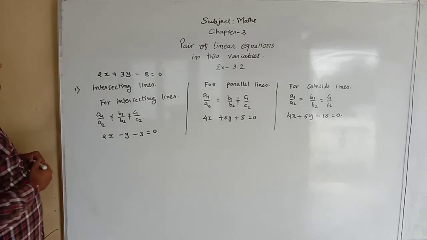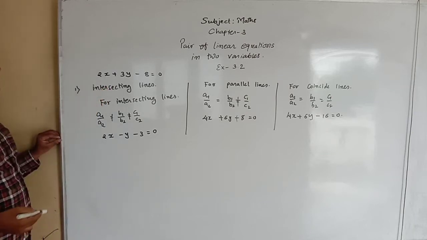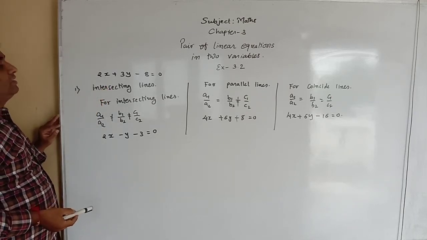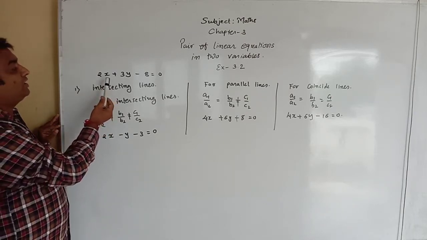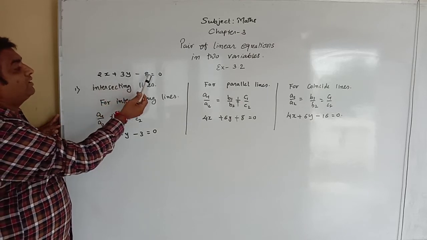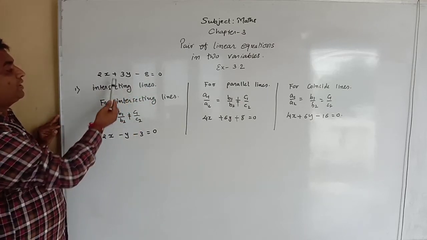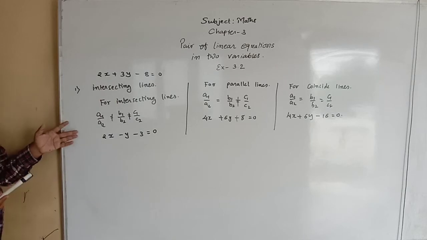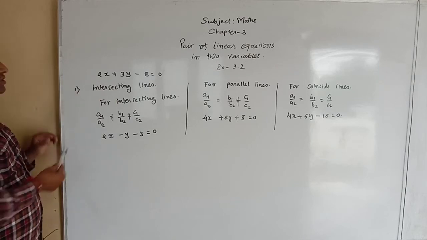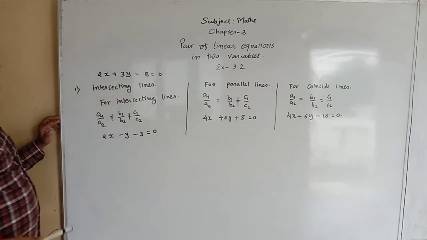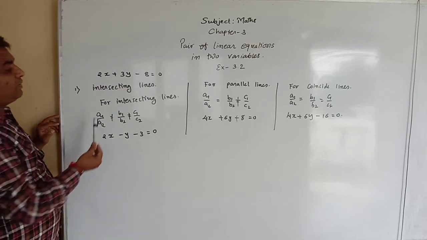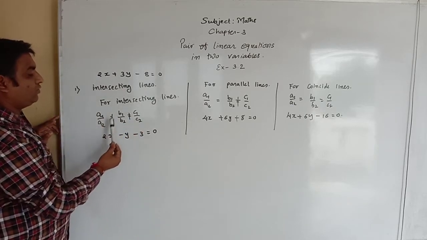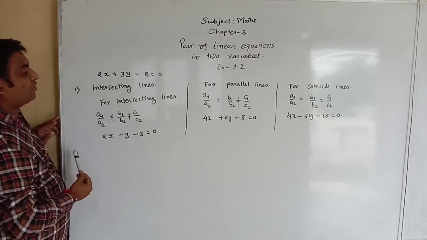We have a question: write the equations which give the following conditions with 2x plus 3y minus 8 equals 0. So the first condition is to write the equation which gives intersecting lines with 2x plus 3y minus 8 equals 0. We know that for intersecting lines a1 by a2, b1 by b2, c1 by c2 are not equal.